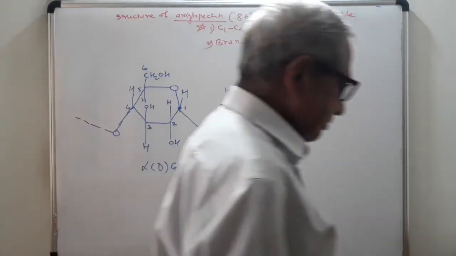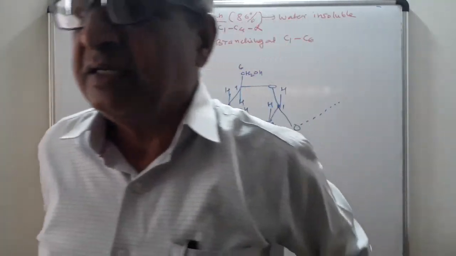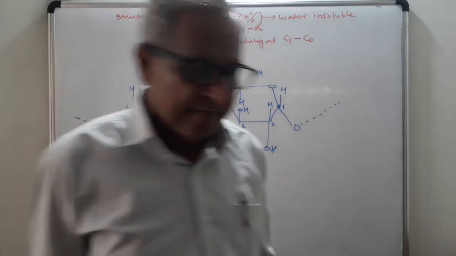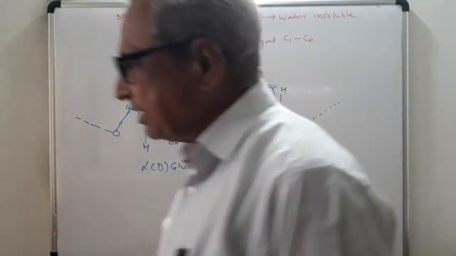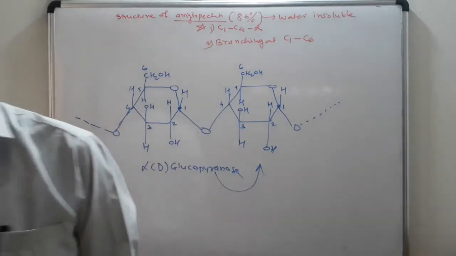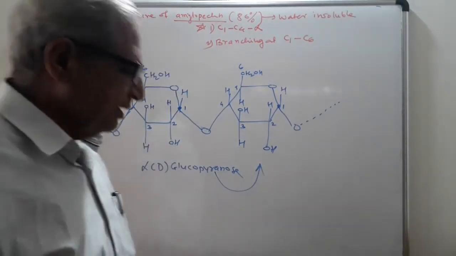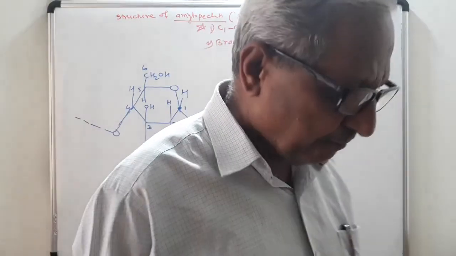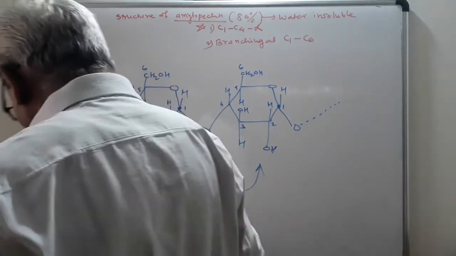So see the point, structure of amylopectin. Amylopectin is a part of the starch. It is present 80% in starch. It is water insoluble. Therefore, overall starch will become water insoluble. Amylopectin is a branched polymer or branched carbohydrate.